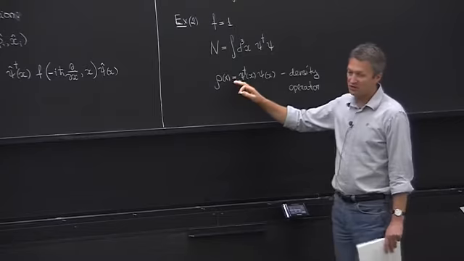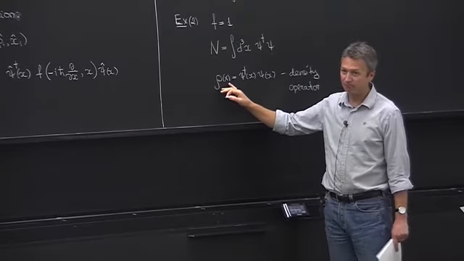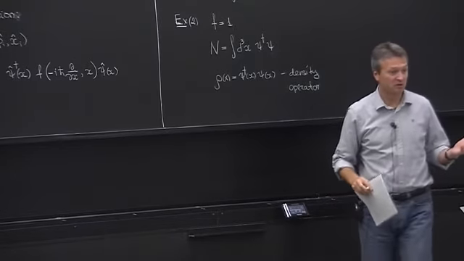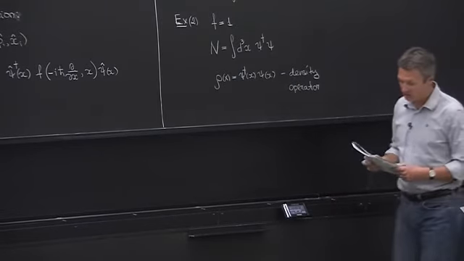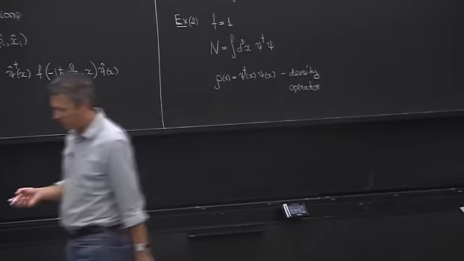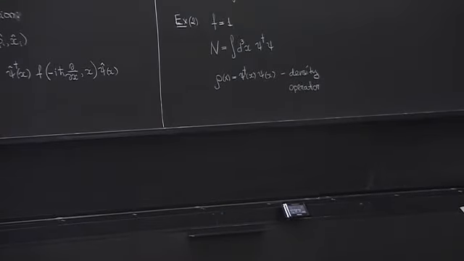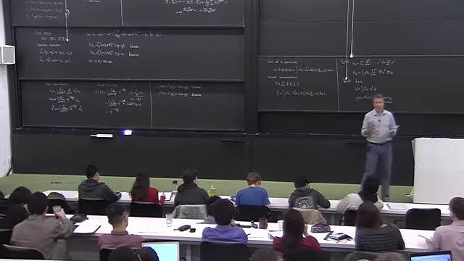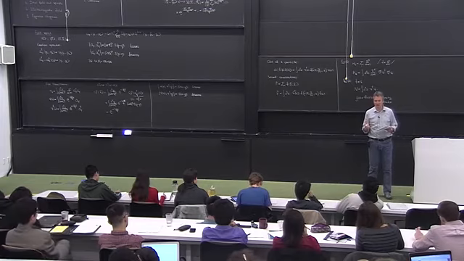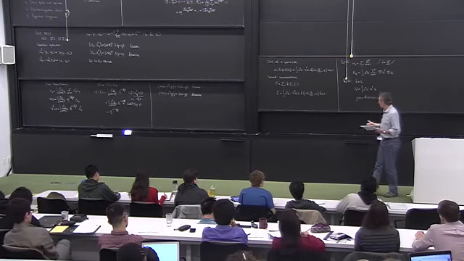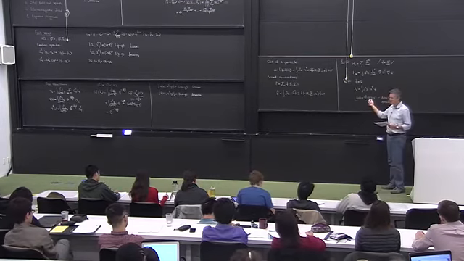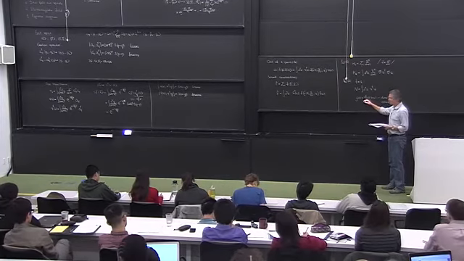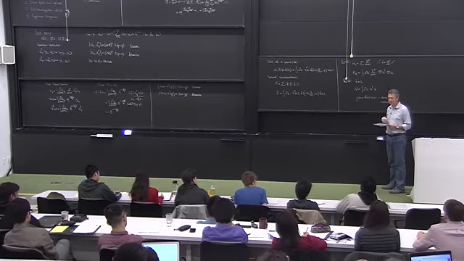What it measures is literally the density, the number of particles at point x. This is analogous to the usual formula in one-particle quantum mechanics, where the wave function squared is the probability to find the particle at point x. Now we have n particles, so this tells us how many of these particles are sitting at point x.